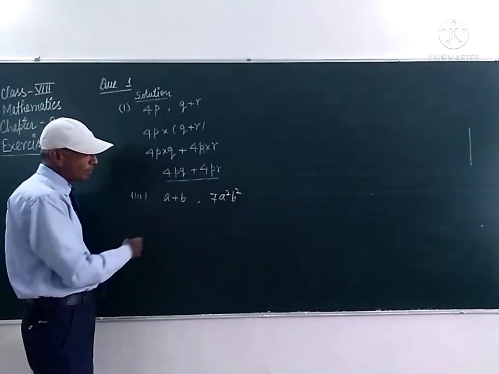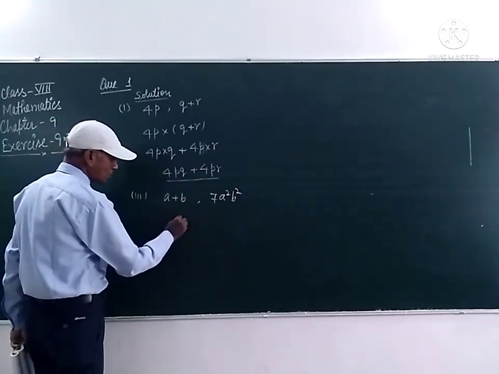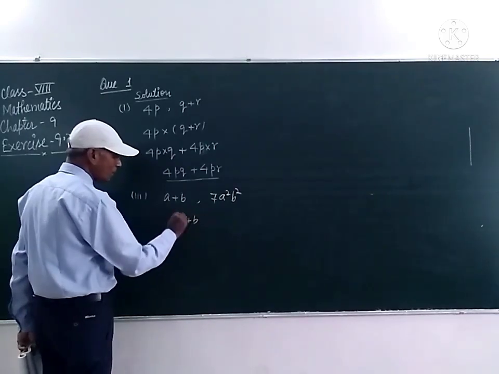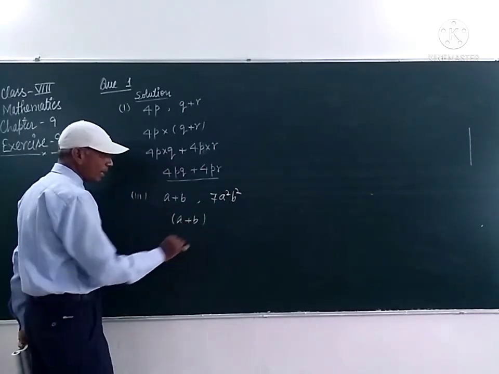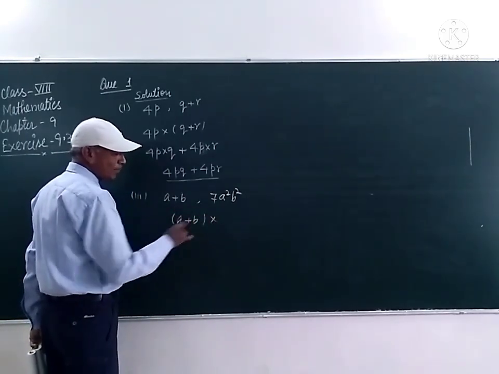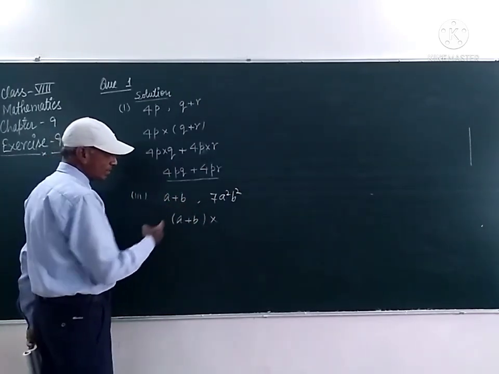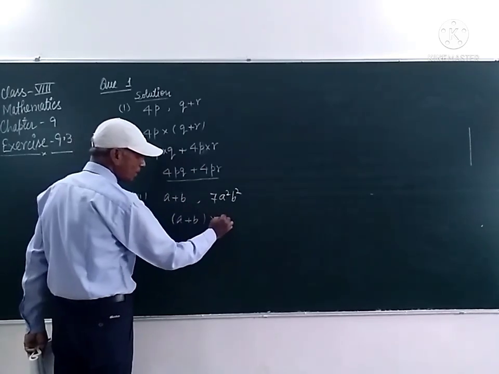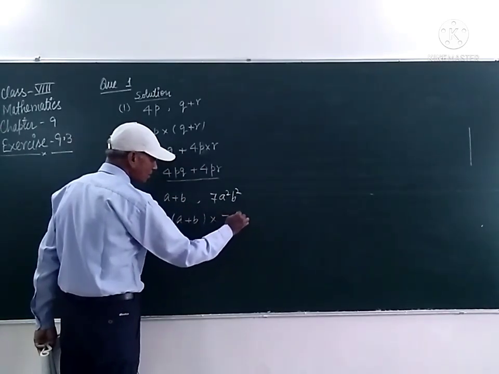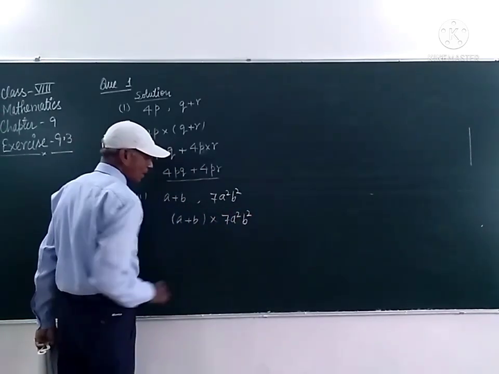Now we have to multiply these two expressions, students. So, a plus b, put this expression in a bracket, students, and put a sign of multiplication, because we are going to find out the product of these two expressions. So, this one 7a square b square.